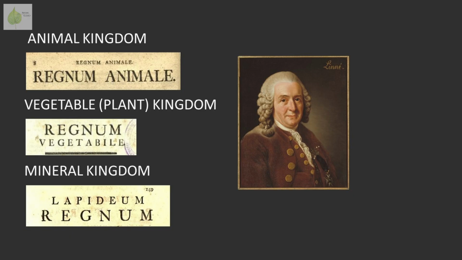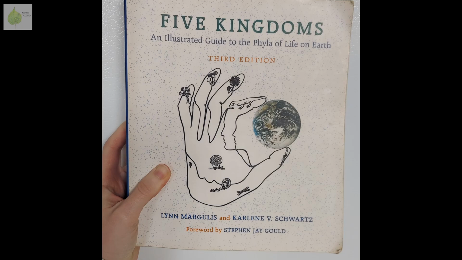Is it an animal or a plant? That's how it all started. Then, remember, there was Linnaeus and his animal kingdom and vegetable kingdom, and even mineral kingdom. That was still pretty straightforward. Today, the division is a little more complicated, and scientists cannot even really agree on how many kingdoms there are.